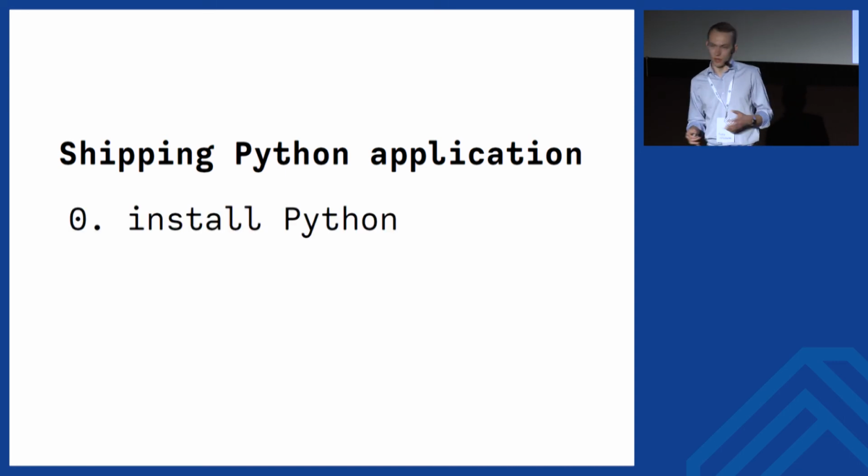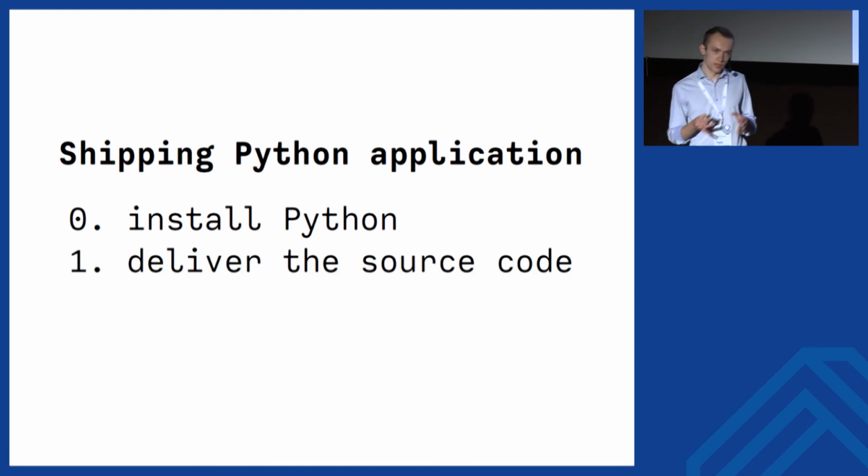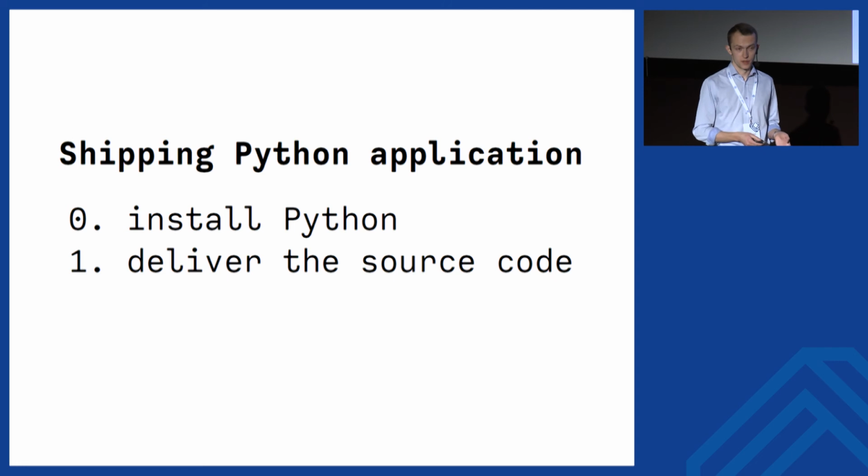So, well, the user has to have Python installed. We already covered that. It's probably already there, or the user can install it very easily. But then you just have to deliver the source code in some way. There are many ways, but somehow you have to get the source code there.